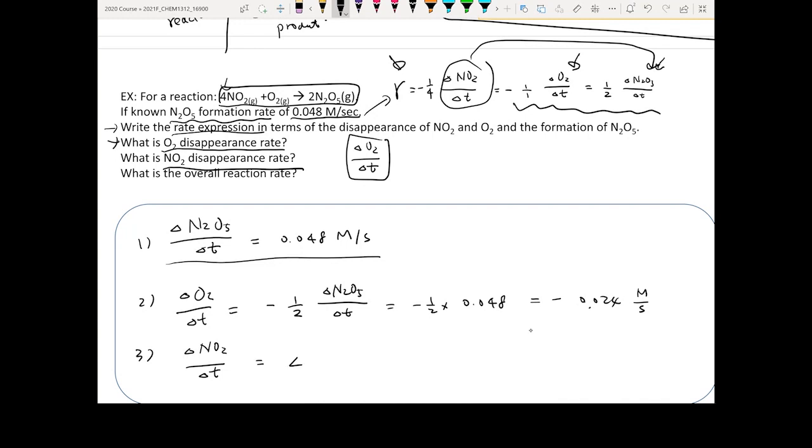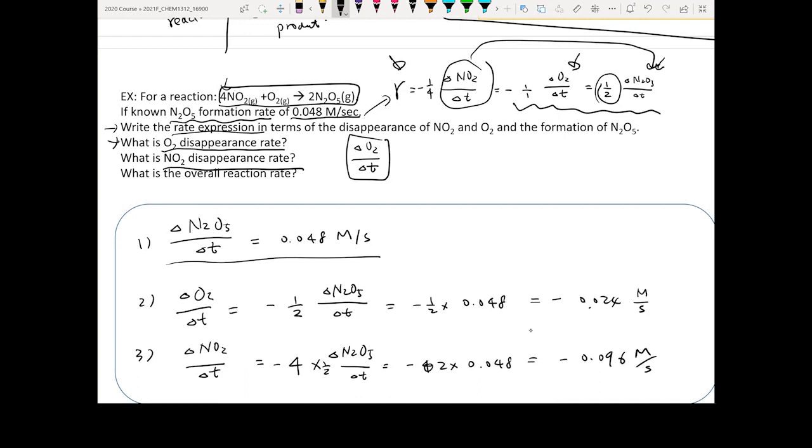This should be 4 times delta N2O5 over delta T, equal to negative 4 times the coefficient 1/2, okay? So it's 2 times 0.048, which equals negative 0.096.